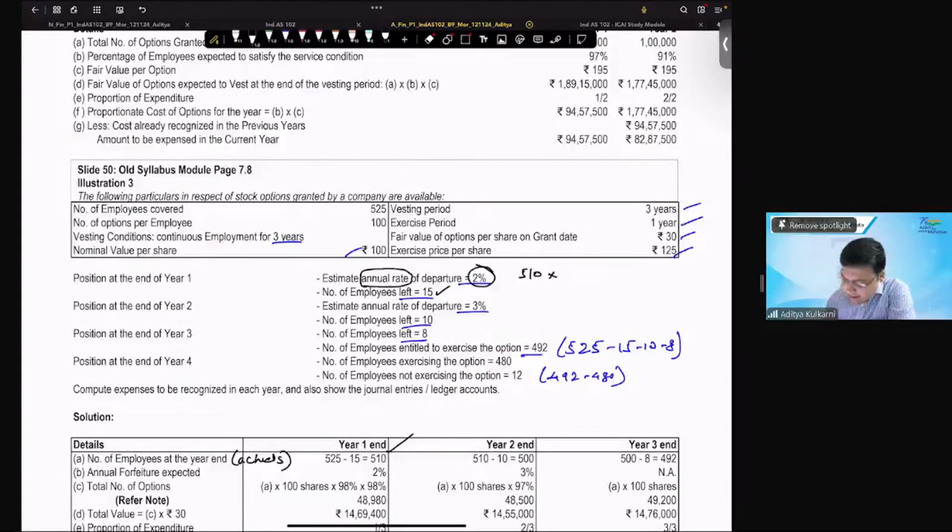Each employee is getting 100 options. 98% of these employees will remain at the end of year 2. Year 1 to 510 hai. And iska 98% will be there at the end of year 3. Are we okay with this? Yes.